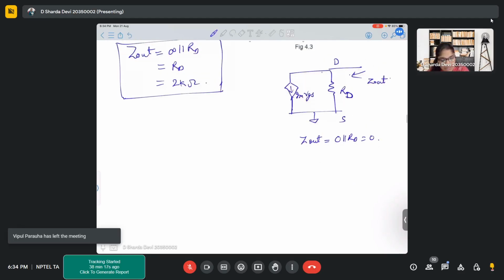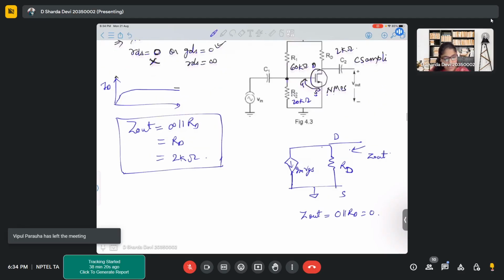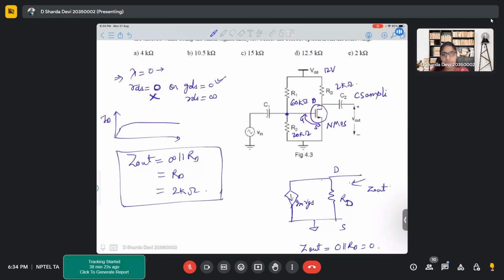So most of the circuits in these amplifier circuits, the major figure of merits that you have to calculate are gain, input resistance, output resistance. And as we move further, we'll talk about frequency responses.